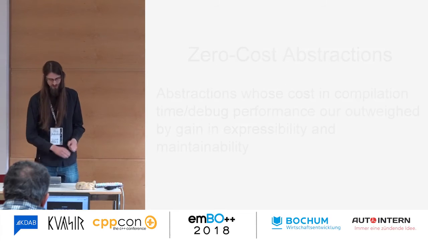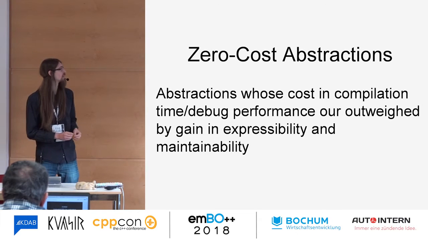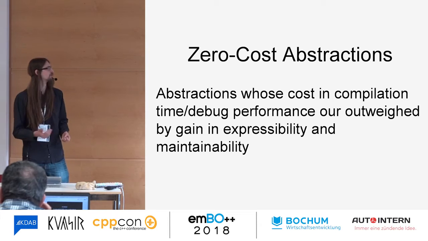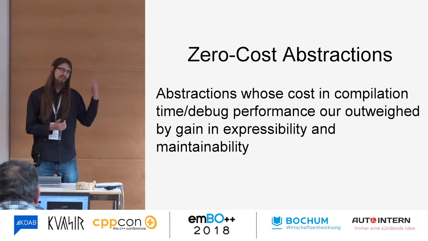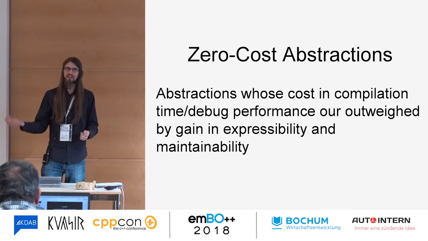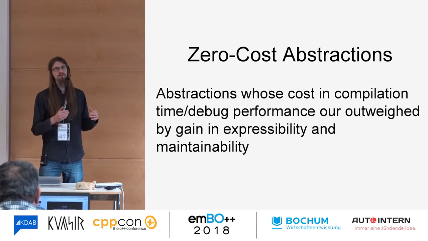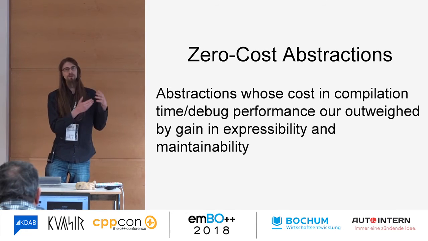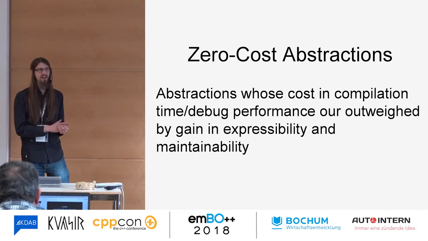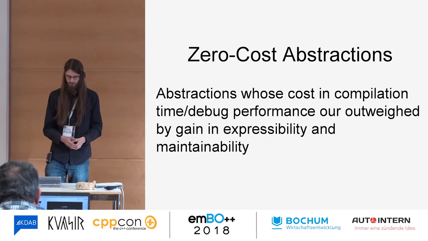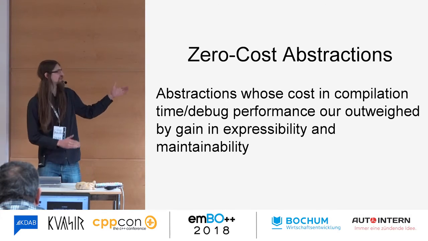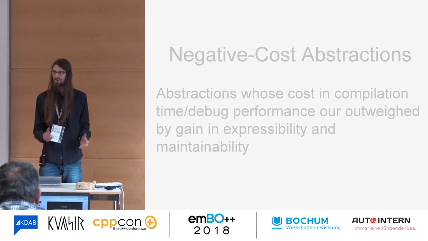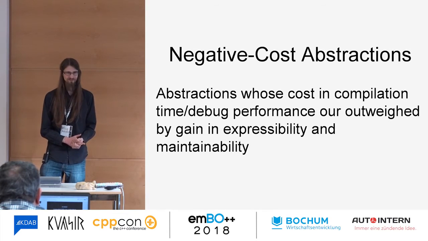Maybe zero-cost abstractions are ones whose costs in compilation time and debug performance are outweighed by the gains we get in expressibility, maintainability of our code, the ability to write code which is at a higher level and has fewer bugs. But if the cost is outweighed, then surely this is a negative-cost abstraction.